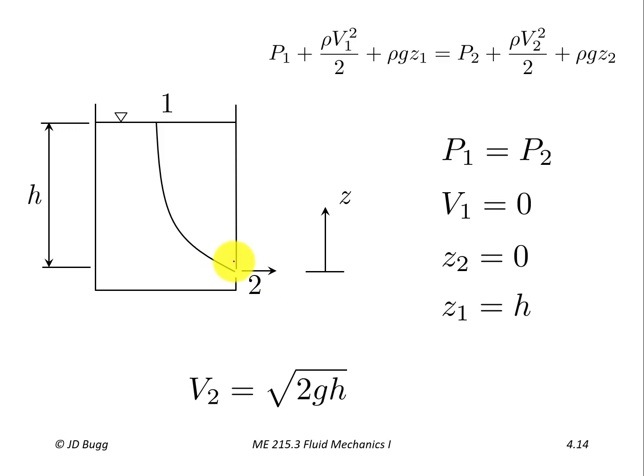In reality, as the water accelerates and goes through this hole, there'll be some frictional effects here. Now it depends on the exact design of this hole, how significant those frictional effects are. So the actual velocity would be a little bit less than this. So in practice, there would be a discharge coefficient that would go in front here that would take into account those frictional effects. But in terms of frictionless Bernoulli's equation, that's a quick prediction of what the flow velocity would be coming out of that hole.